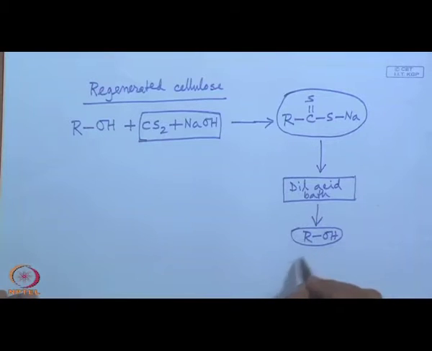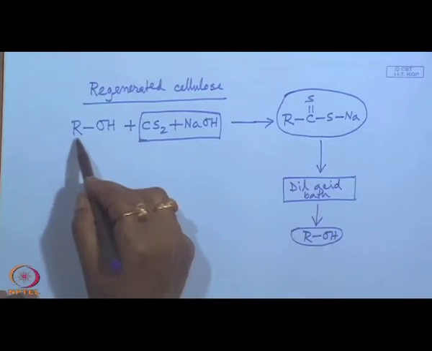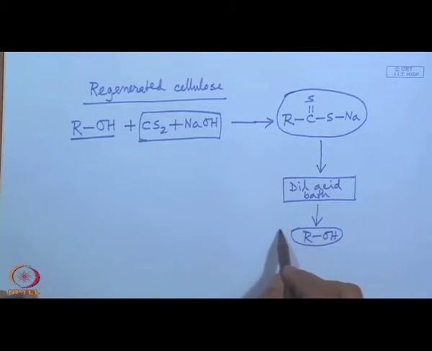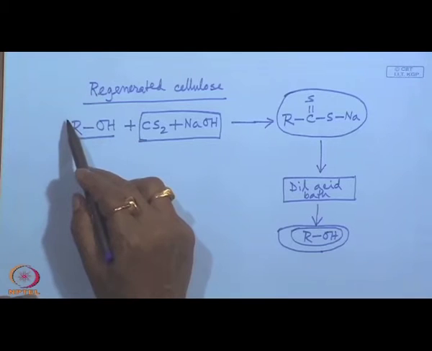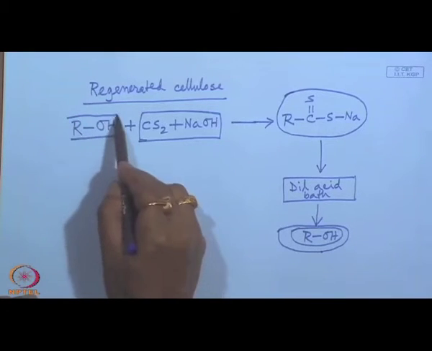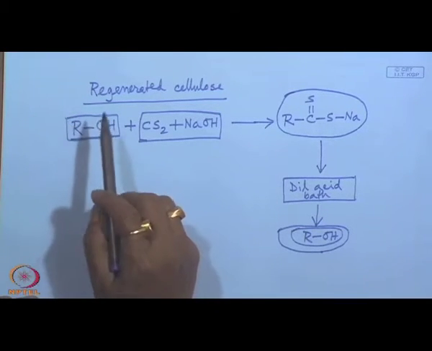In this case, the number of hydrogen bonds in that cellulose is reduced. Here it contains fewer hydrogen bonds, there it contains more hydrogen bonds. So, this becomes soft and more hydrophilic, and that is more degradable than the original cellulose material.